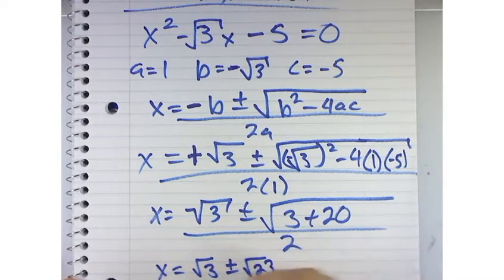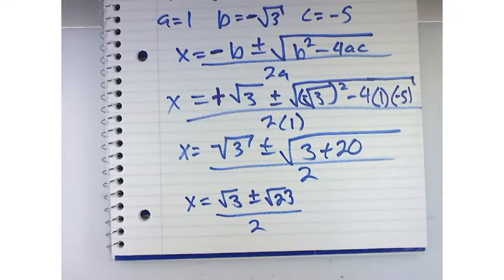23 all over 2. And now the book in our example problems didn't really specify whether or not it had to be a decimal or if you had to leave it in the exact value. What number was that problem? 22?